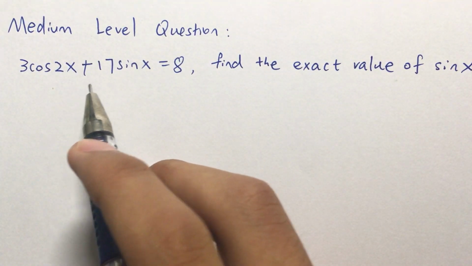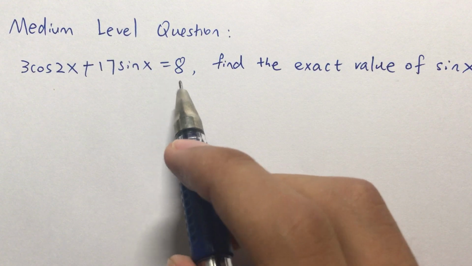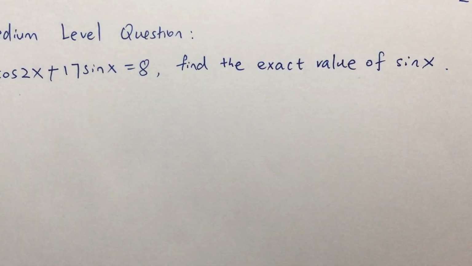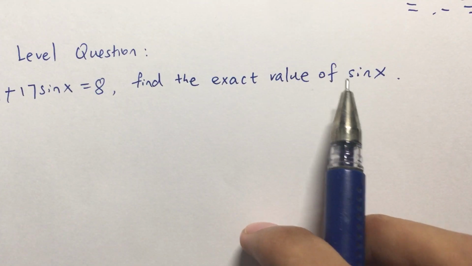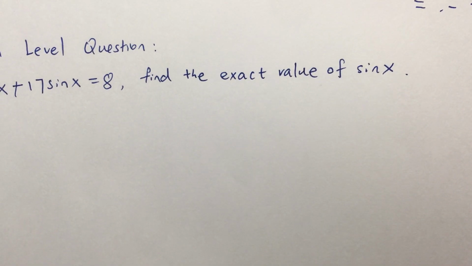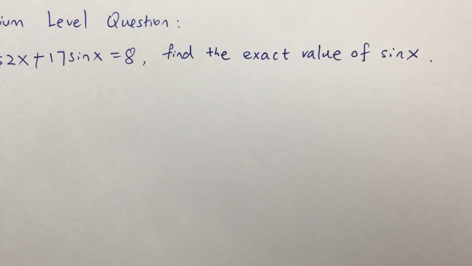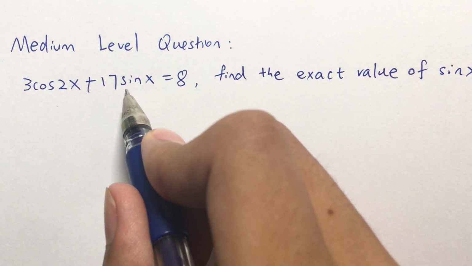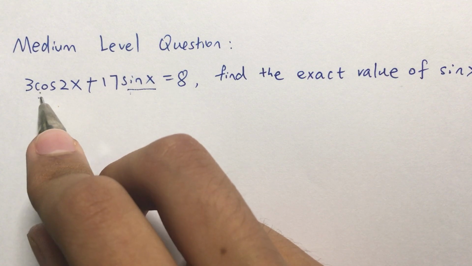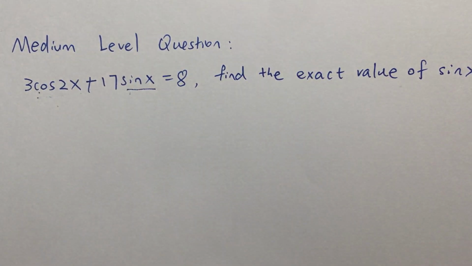The question: 3 cosine 2x plus 17 sine x is equal to 8. Let's find the exact value of sine x. For this question, here there is sine x, and here there is cosine 2x.